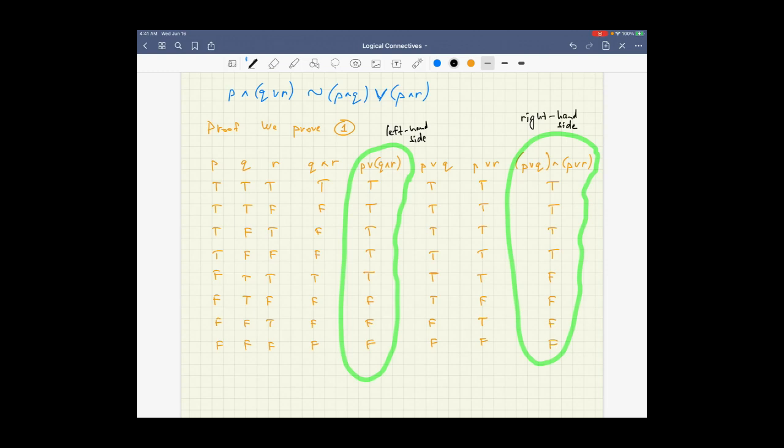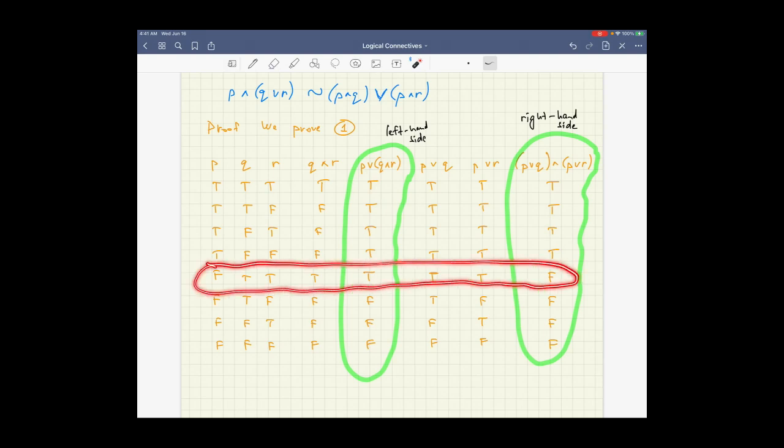And we see that they're not identically equal, so there's a mistake somewhere. There's a problem here. All right, let's check this particular line.